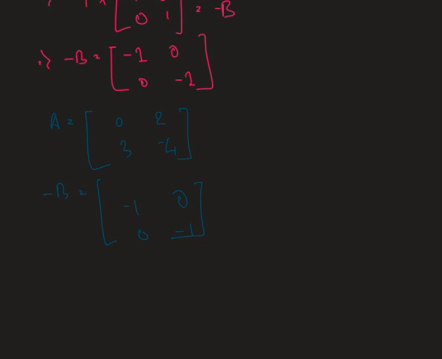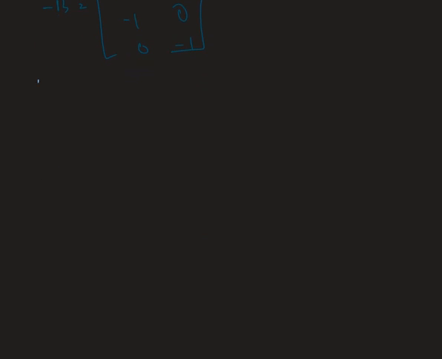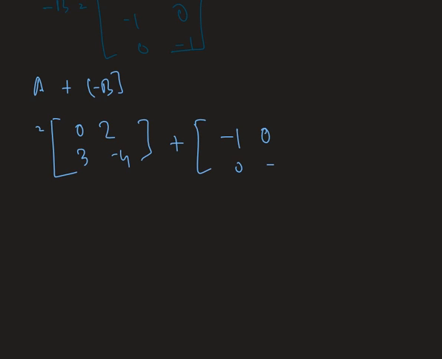Therefore, when we add these two matrices, A plus minus B, we get 0, 2, 3, minus 4 plus minus 1, 0, 0, minus 1. As we already know, matrix addition is nothing but adding every element of two matrices of the same order.